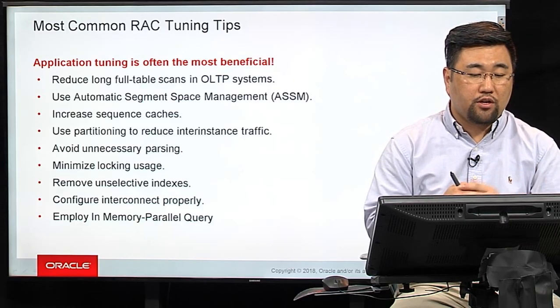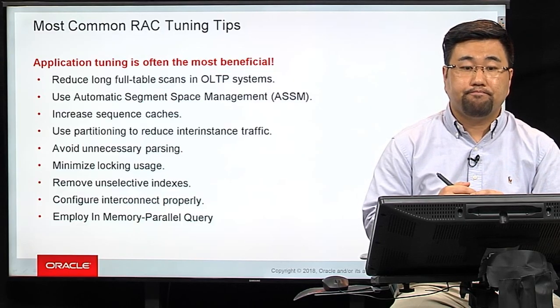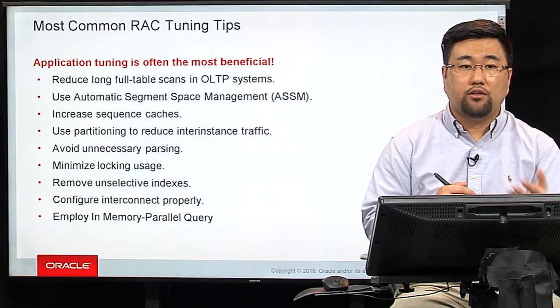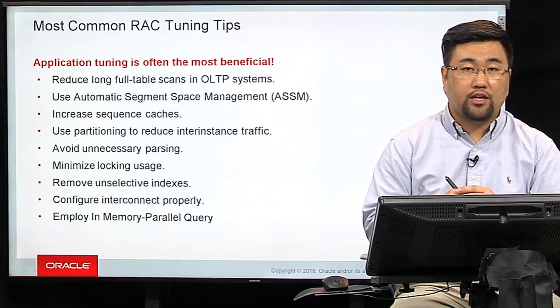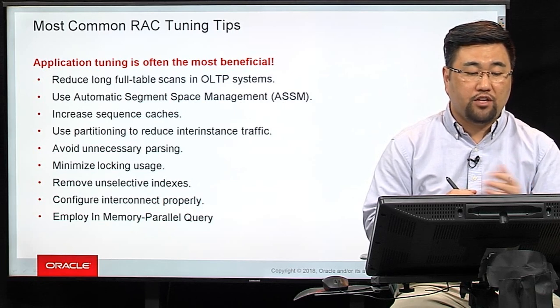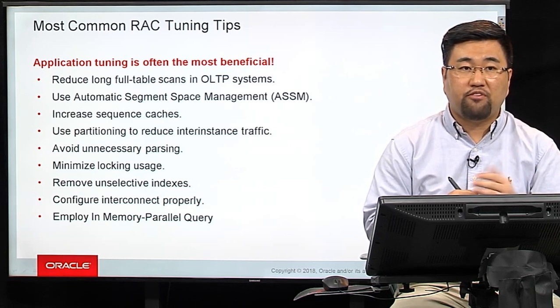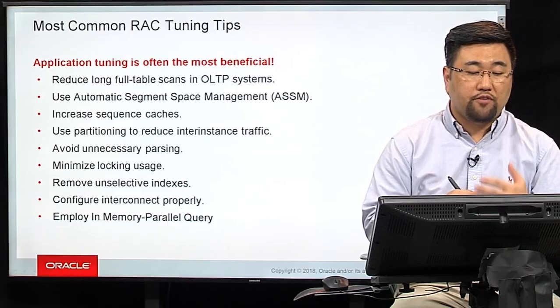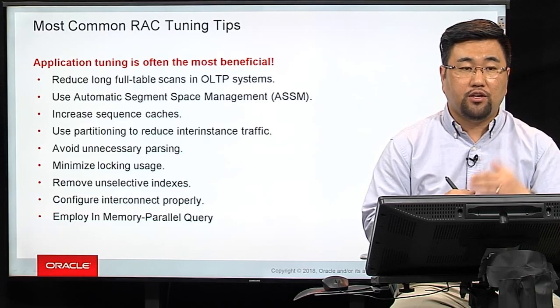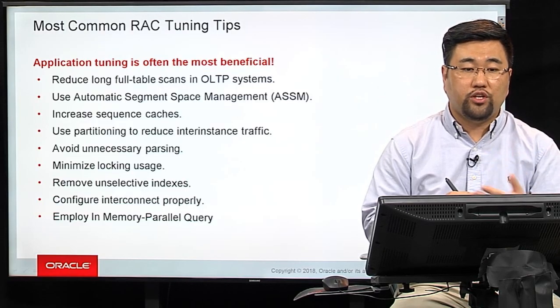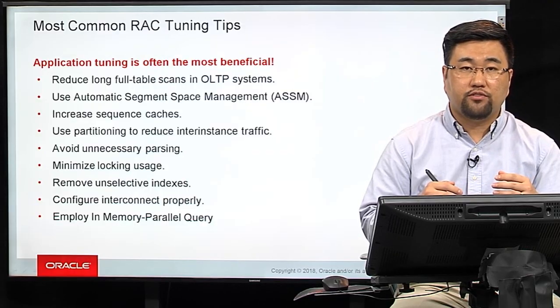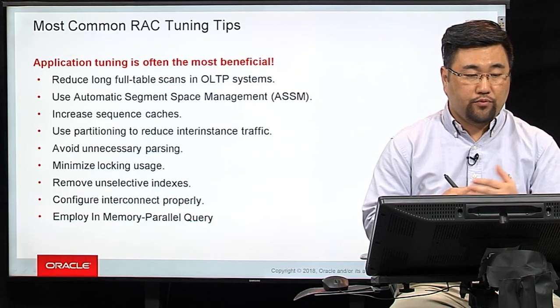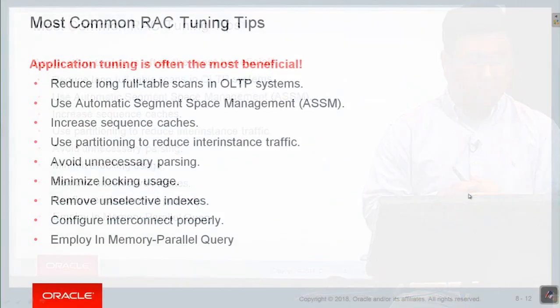And also configure the interconnect properly. You can use a gigabit network, 10 gigabit network, InfiniBand network, or you can use jumbo frames. When you configure the network, you have to configure the network interface and switch all consistently, so that you can avoid potential issues.